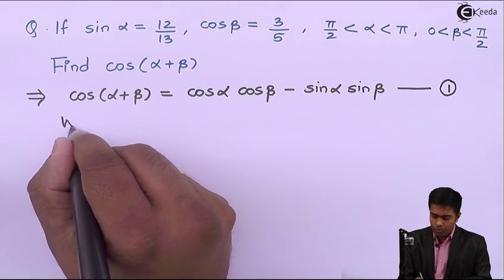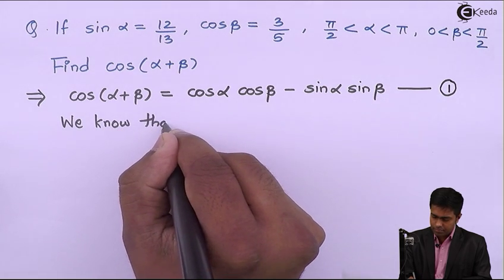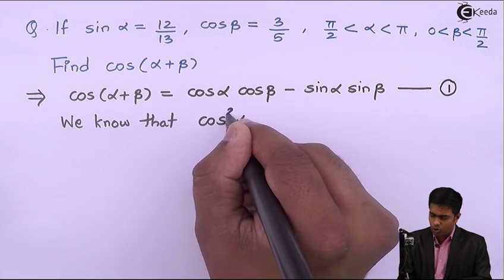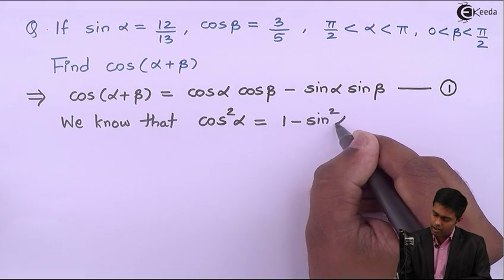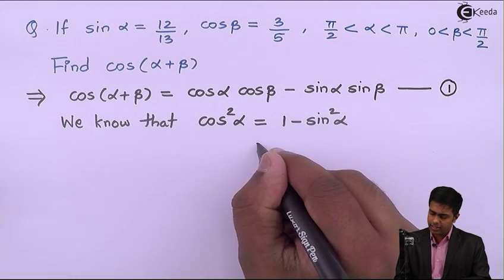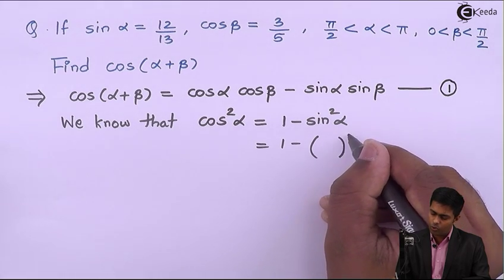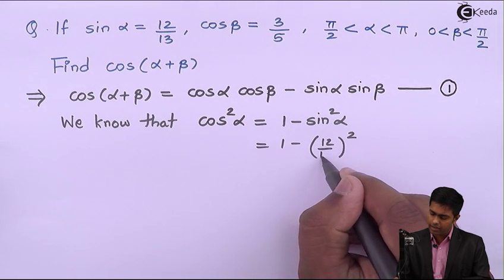So we know that cos square alpha is 1 minus sin square alpha. Now this is nothing but 1 minus sin alpha the whole square, and the value of sin alpha is 12 by 13.